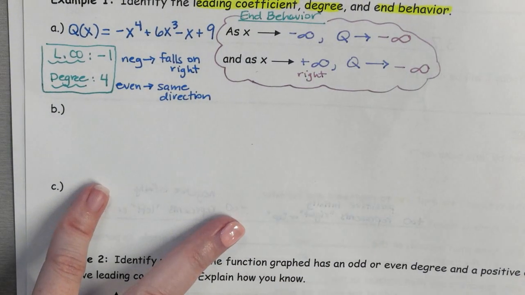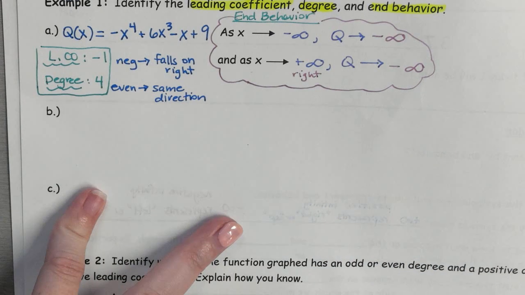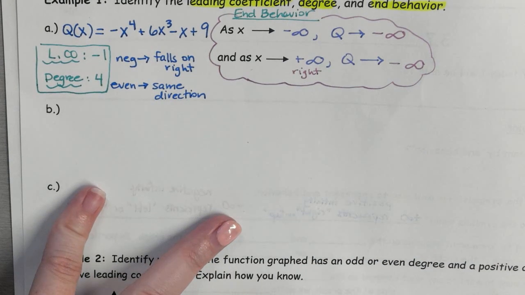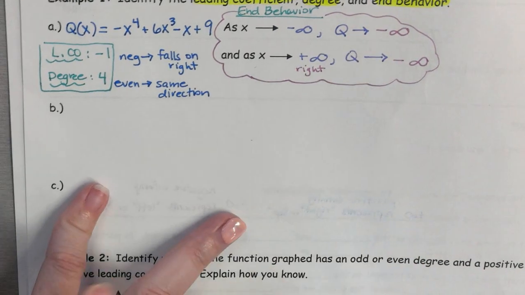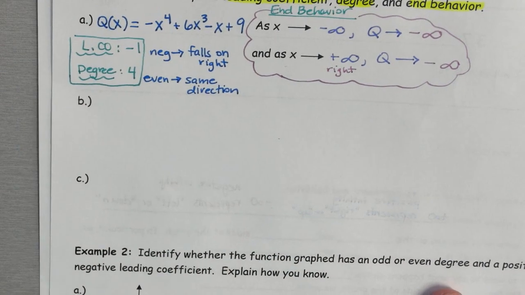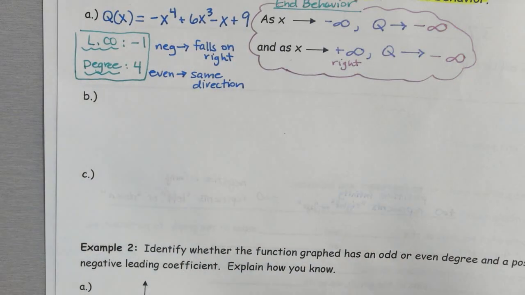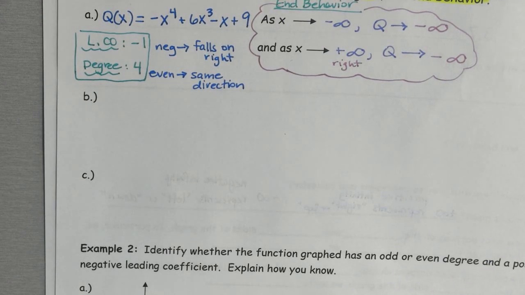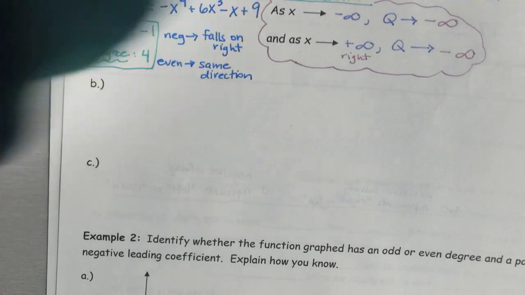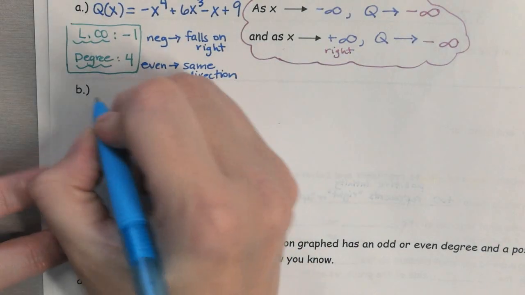It's falling on both sides. And then you could also graph, and double check that it is falling on both sides. That would be perfectly fine. Okay, let's try the next one. I know this will take a couple of practice sessions.